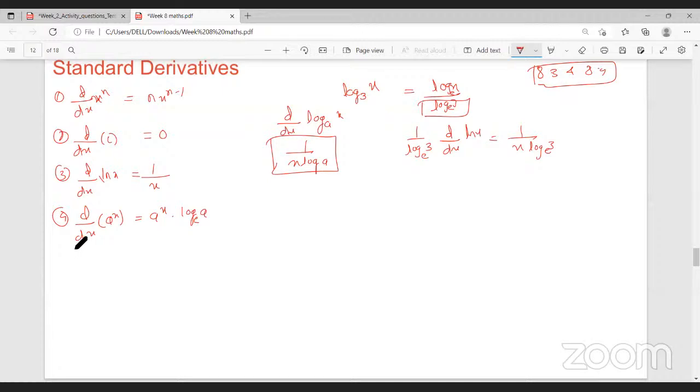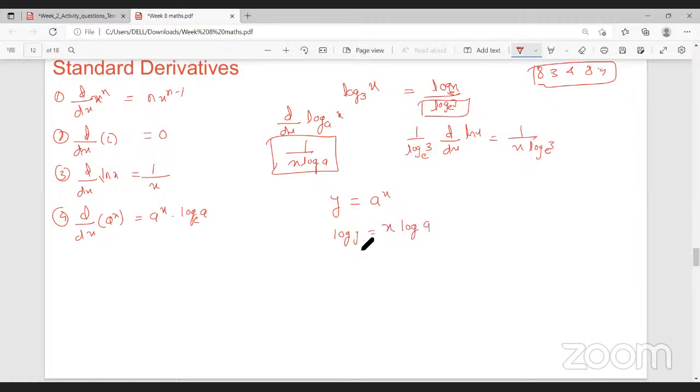Take the natural log on both sides. But why are we taking log? Because this variable is in the power. If I take the log on both sides, I can bring it down.